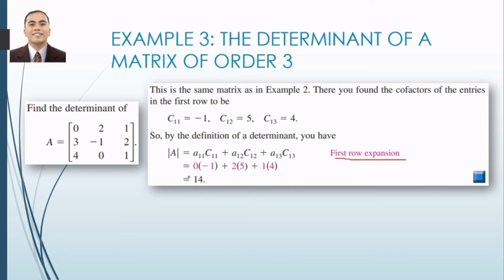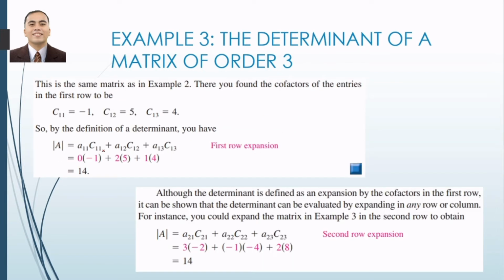So we have 0 times negative 1 plus 2 times 5 plus 1 times 4. 0 times negative 1 is 0, 2 times 5 is 10, and 4 times 1 is 4. 10 plus 4 is equal to 14. So the determinant of this matrix is 14.